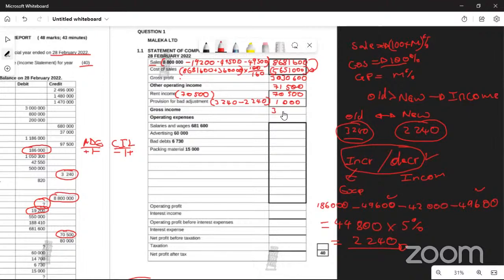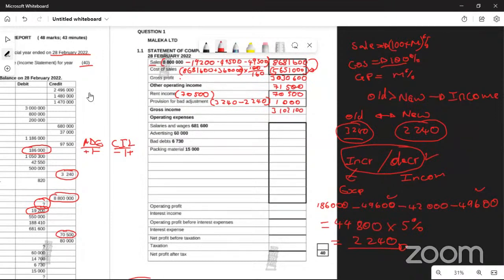It's supposed to be 3,102,100. I'm sorry, guys, it's a little bit slow.